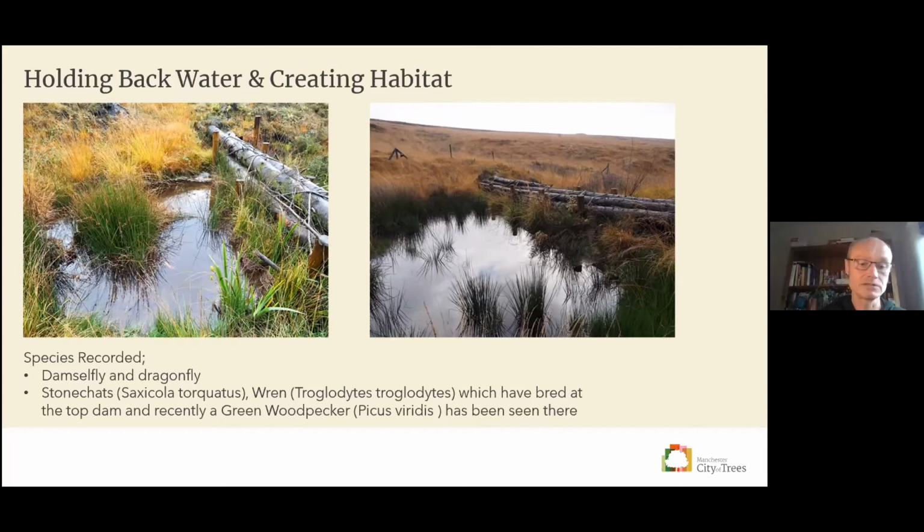So we had stonechats, and we've had wrens, and we've had pipits as well. But also we've had some unusual visitors that we don't normally get up on the moor, and that's the green woodpecker, because they've been up there because of the insects that have been found around the leaky dams. So it's a nice, I suppose, added benefit of that natural flood management work.